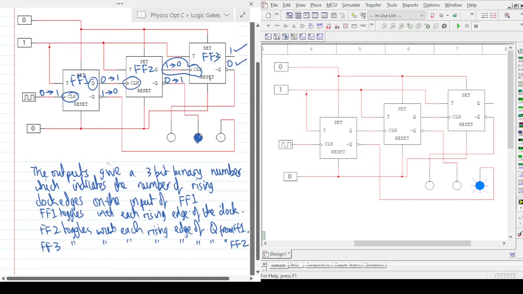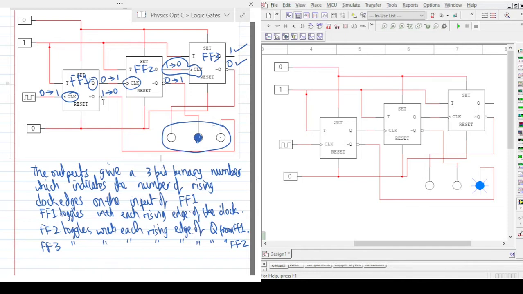So these numbers indicated by these LEDs basically count the number of rising edges that the initial clock sends into the input side of flip-flop 1. So that's why you call this a binary counter.